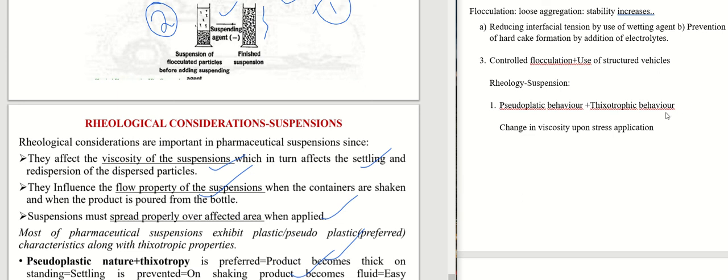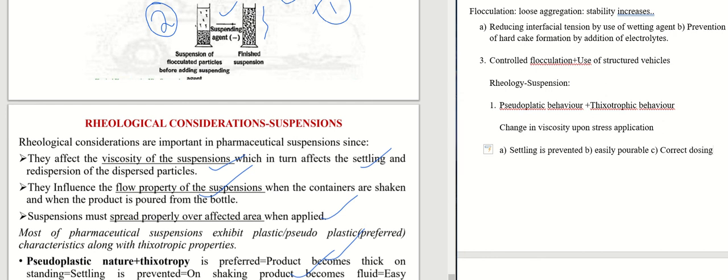So here we should make sure that it has pseudoplastic behavior and thixotropic behavior so that settling is prevented, so that it becomes easily pourable, and hence it results in correct dosing.